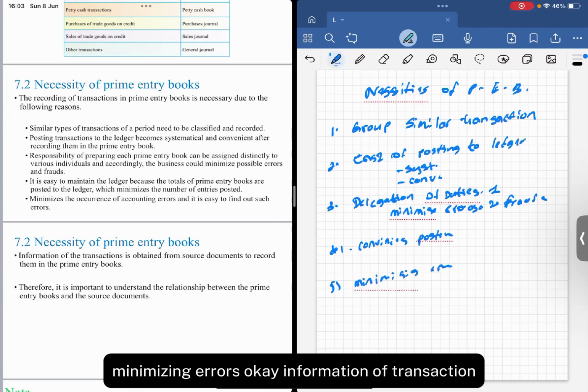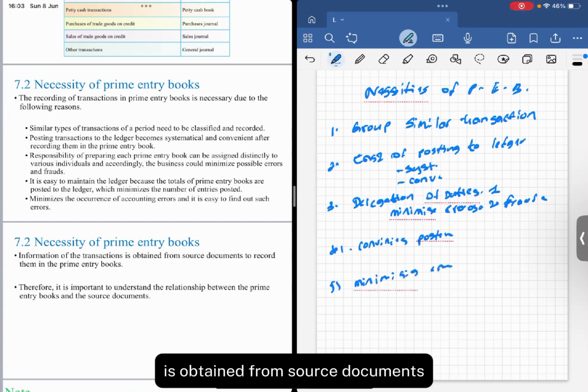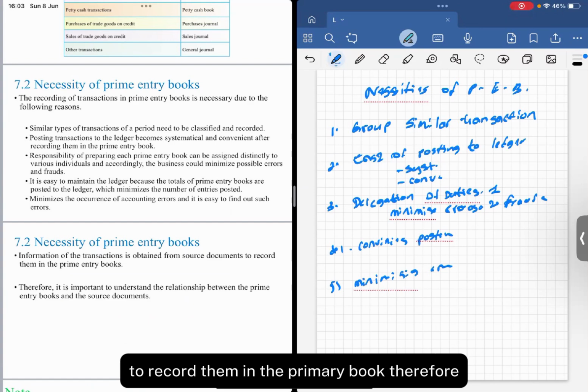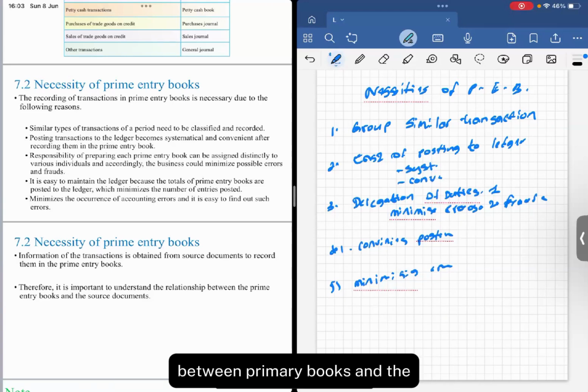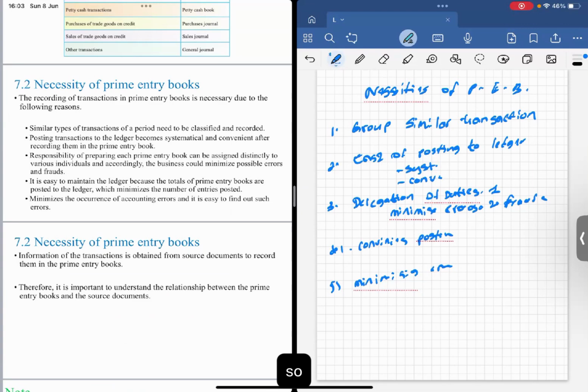Information of transactions is obtained from source documents to record them in the prime entry book. Therefore, it is important to understand the relationship between prime entry books and the source documents.